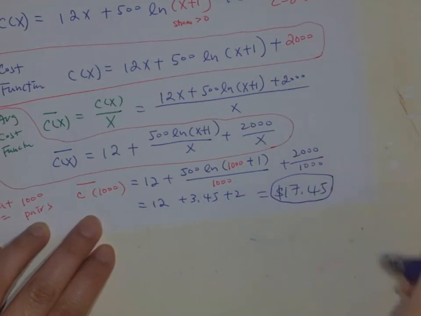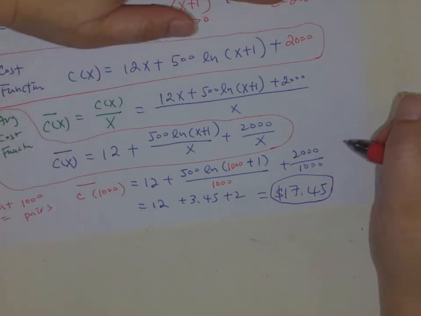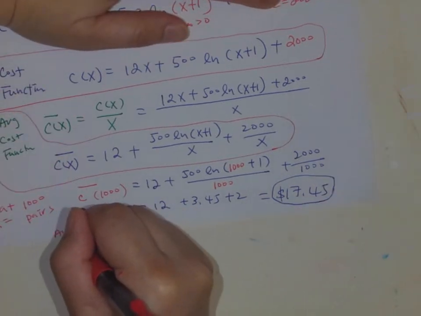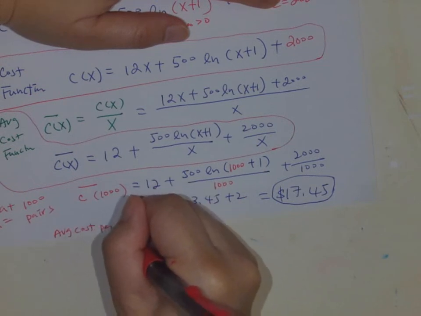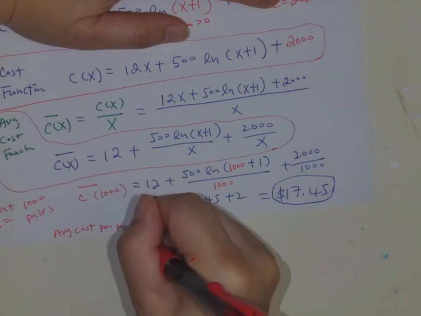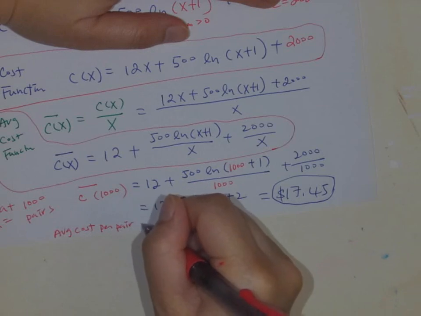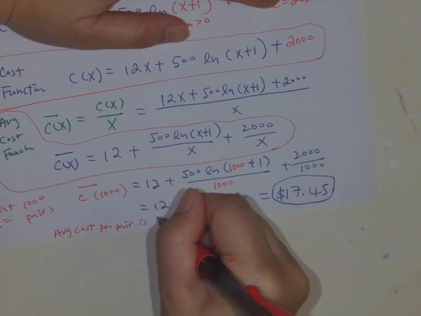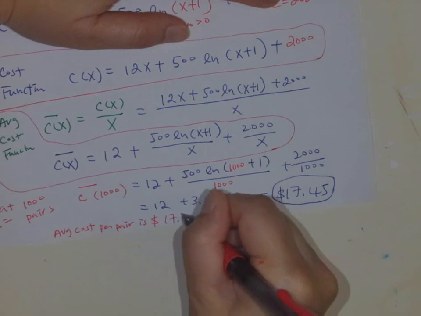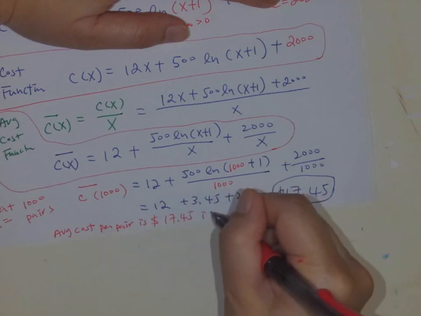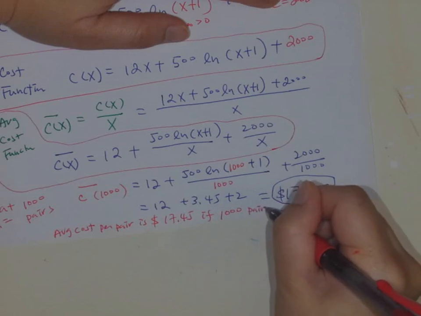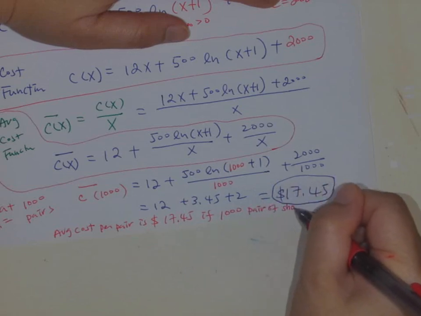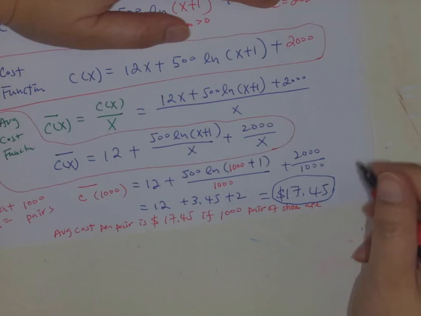So the average cost per pair is $17.45 if 1,000 pair of shoes are produced per week.